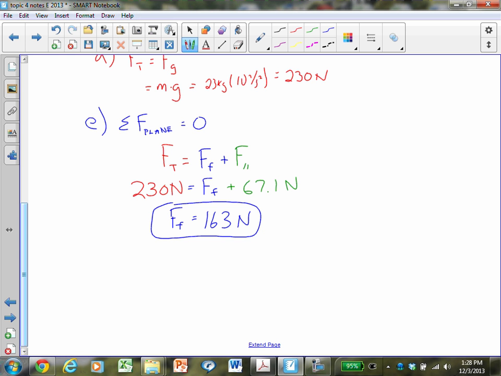But we didn't solve the problem yet, did we? Because it wanted mu. What's our formula for friction? Mu times, no, just times F perpendicular. It's only times mg if it's flat, and it's not flat here. So Ff is 163, and we found F perpendicular. What was it? 99.5.